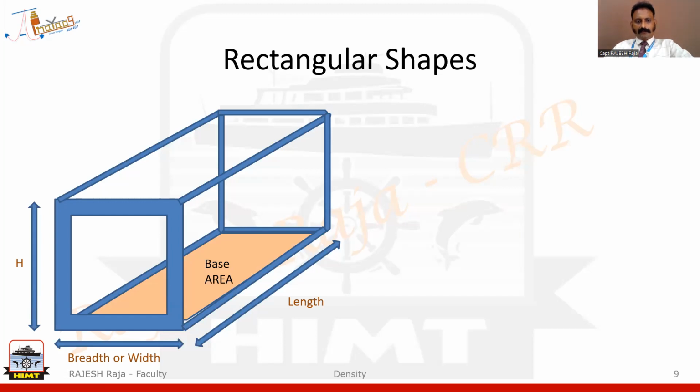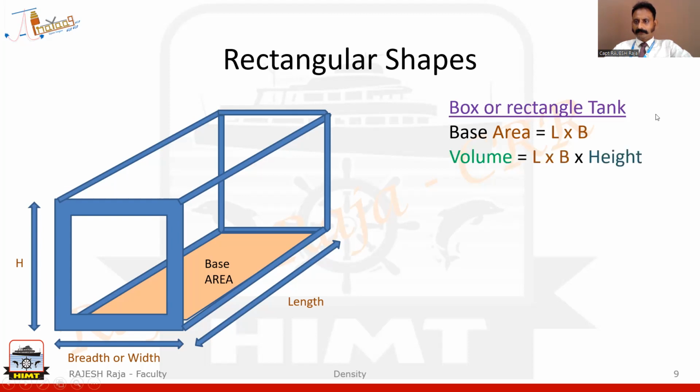Let us see. If I ask you to calculate the volume of this tank, it can be empty or fully occupied, the volume will be the same. So let us look at the empty tank or fully loaded tank. What is the volume calculation? Please look at this formula. Before I start anything, I need to know the base area.